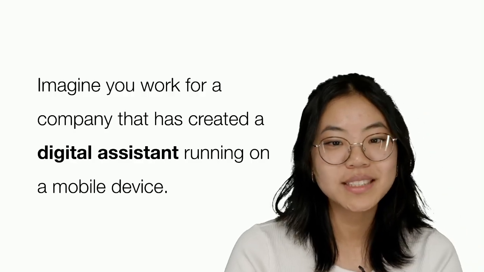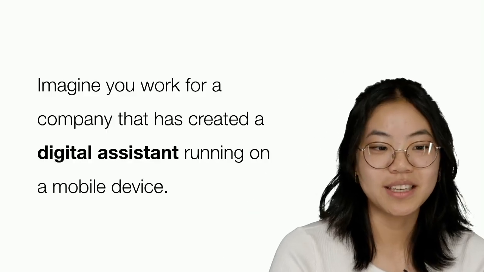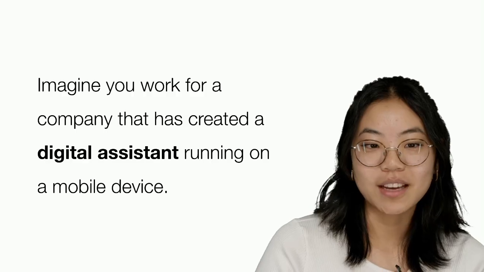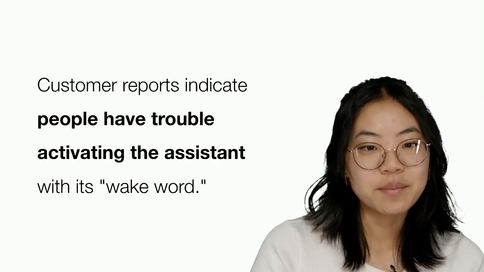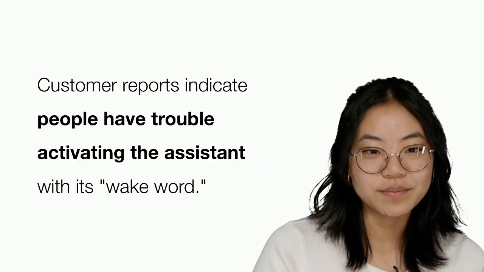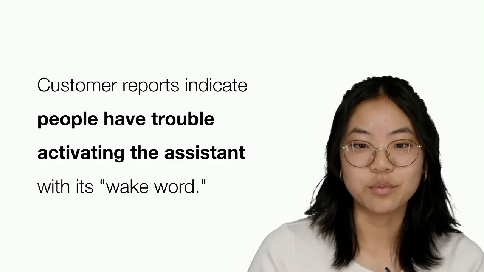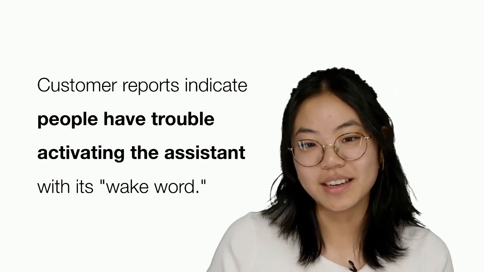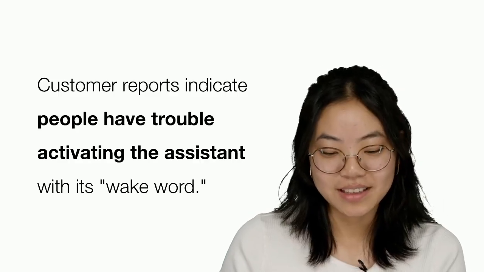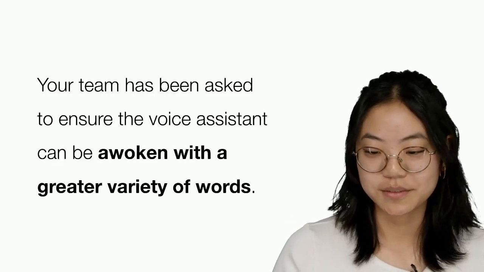So let's imagine this scenario where you work for a company that has created a digital assistant running on a mobile device. People have been indicating that some customers are having trouble activating this assistant with its wake word. So maybe you're trying to say hello, and then the assistant is supposed to wake up and start listening to the customer.